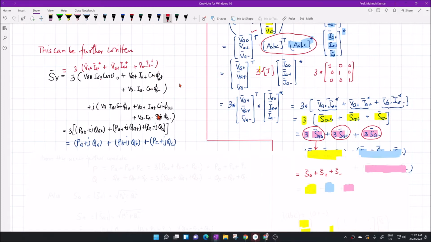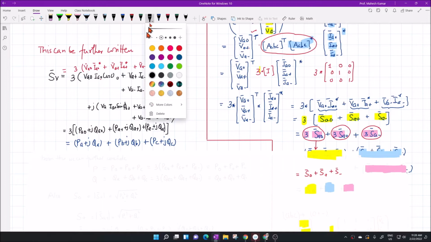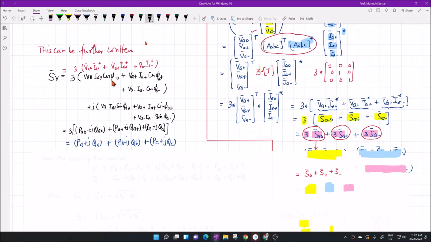If you expand in terms of the real and reactive powers, then we can find out the cosine and sine terms. For example, if we resolve this into sine and cos, we will get VA0 IA0 cos phi A0. So this is the real part of this. The imaginary part of this will be j VA0 IA0 sin phi A0. This is the imaginary part of the VA0 IA0 conjugate. So this is the imaginary part, this is the real part.